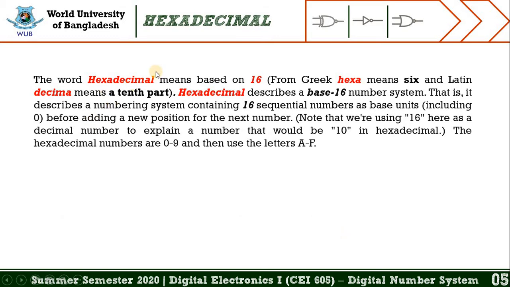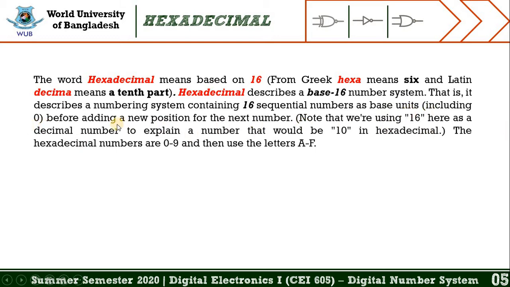Now from this slide we may learn what hexadecimal is. So let's begin. The word hexadecimal means based on 16. Inside the parenthesis, from Greek, hexa means 6 and Latin decima means a 10th part. Hexadecimal describes a base 16 number system. That is, it describes a numbering system containing 16 sequential numbers as base units, including 0.